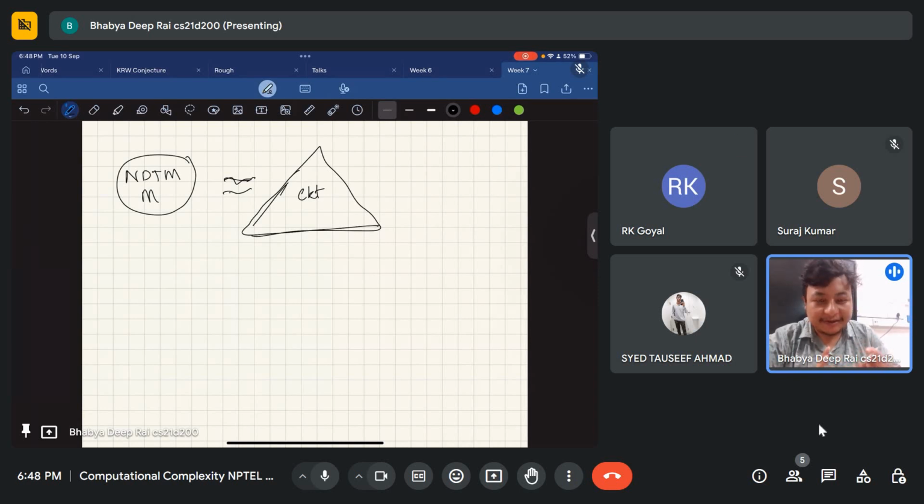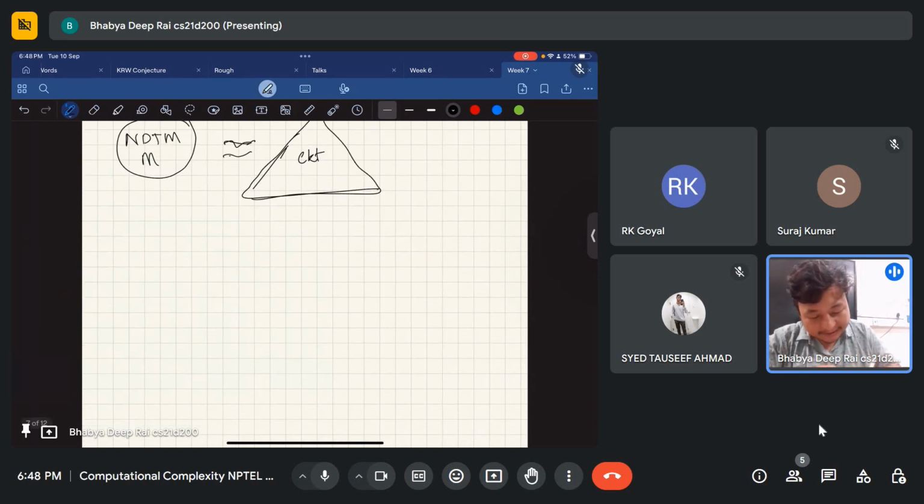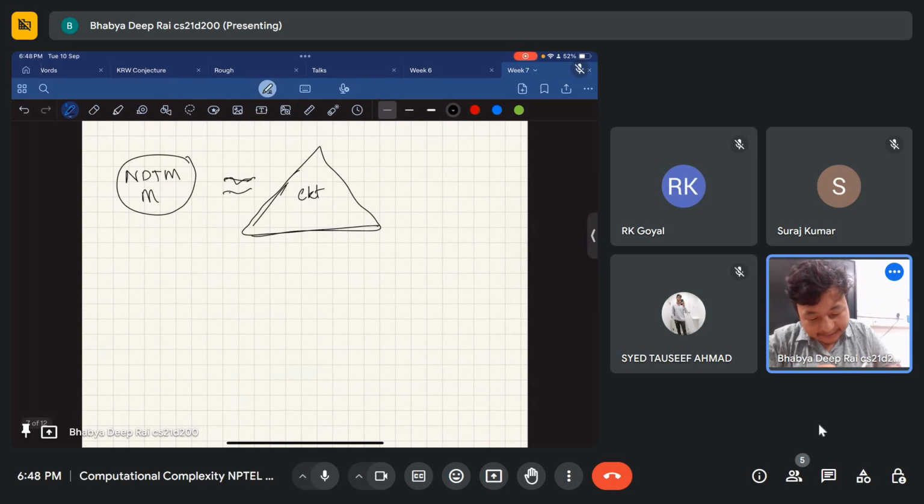In fact, first of all, this is not happening. The circuit will actually talk about the deterministic machine that is inside the non-deterministic machine.